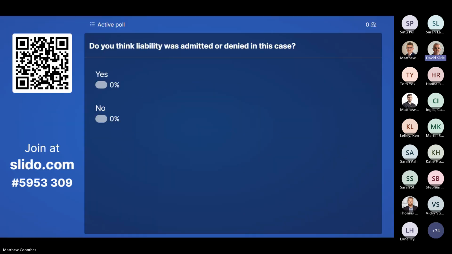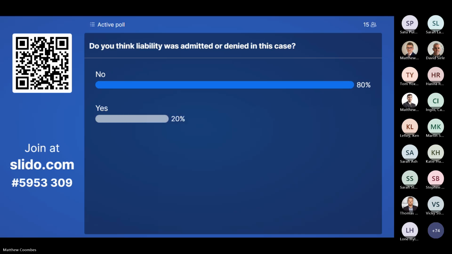So as before, do you think that liability was admitted or denied in the case, just going off the information that we've provided? So to rephrase the question, do you think liability was admitted?